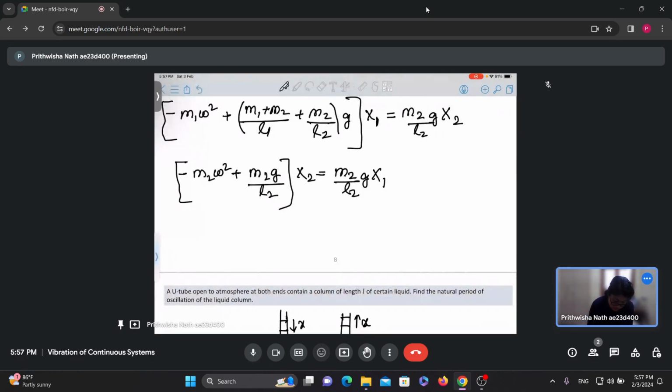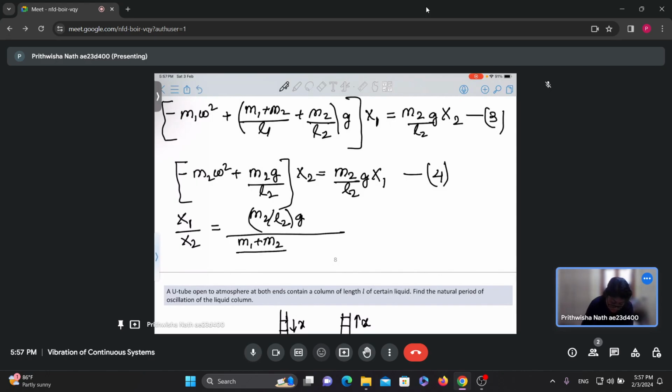So from the first equation we can write x1 by x2 as m2 L2 into G divided by this entire expression on the left hand side, that is minus of m1 omega square and so on.